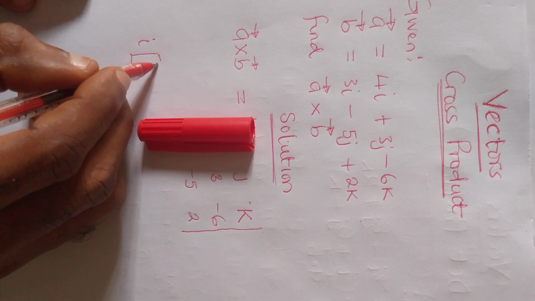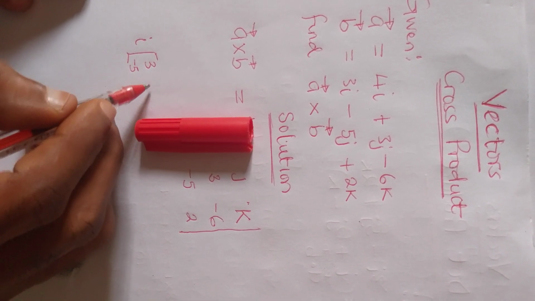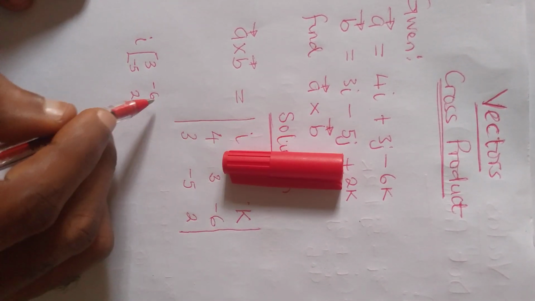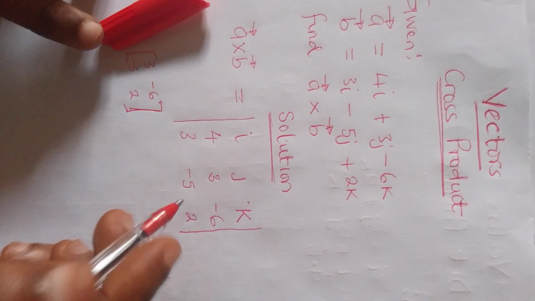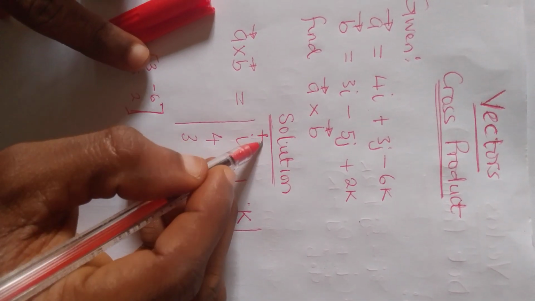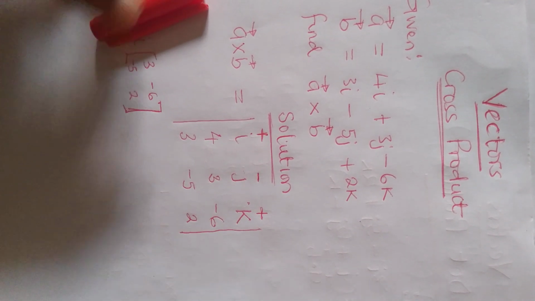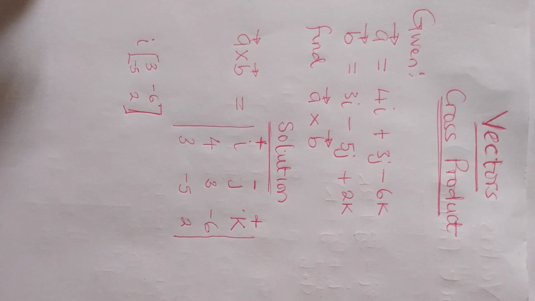So we have 3 here, minus 5, minus 6 and then 2. That is for i. We close it. But before I continue, remember that here is positive, here is negative, here will be positive. That's the normal rule for matrix.